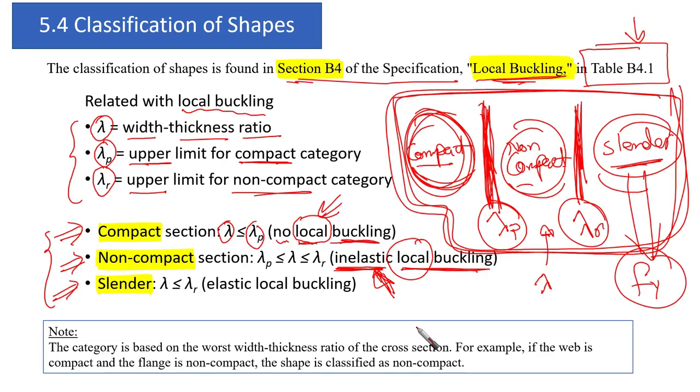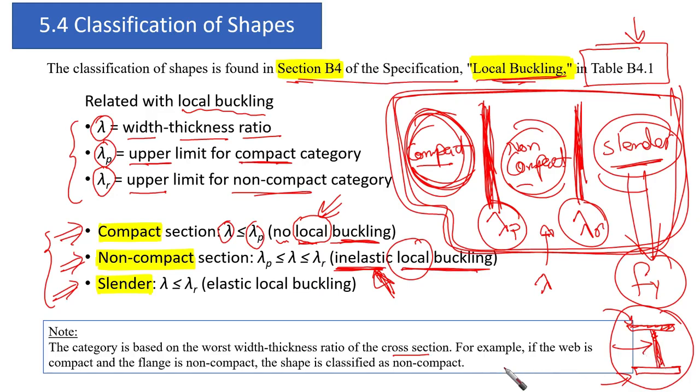Note, the category is based on the worst width-thickness ratio of the cross-section. What is the meaning of this? For example, if we have the web and two flanges, we need to check for the flange and for the web as well. If the flange is compact and the web is non-compact, then the entire section is called non-compact.